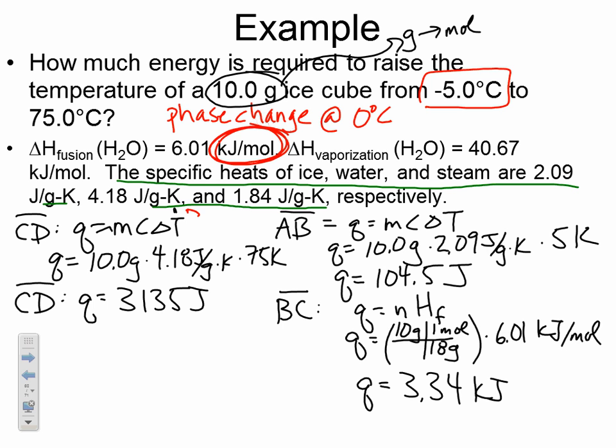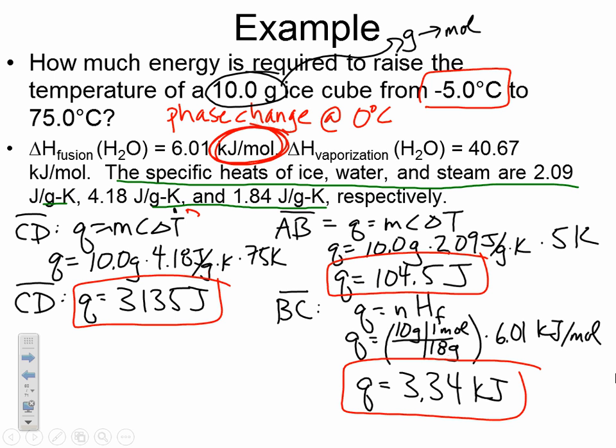3,135 joules. And then you simply have to add your Q values together to get the total amount of heat needed to take that ice cube from -5 to 75 degrees Celsius. However, this one's in joules, this one's in joules, this is in kilojoules, so you cannot simply add them as is. So I'm going to convert them all to kilojoules because otherwise I think I have an awkward number.